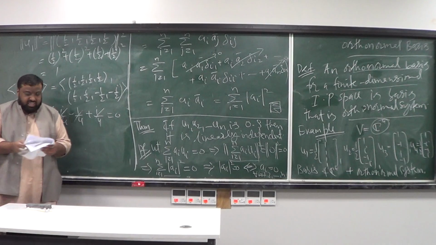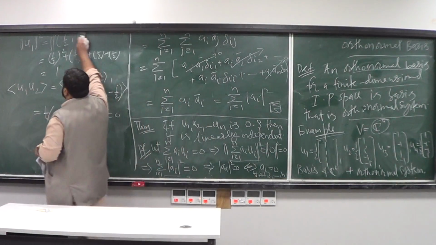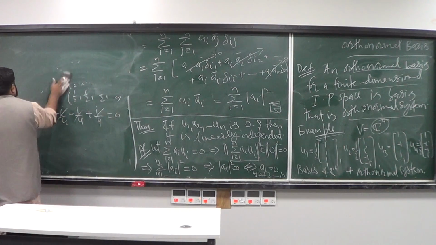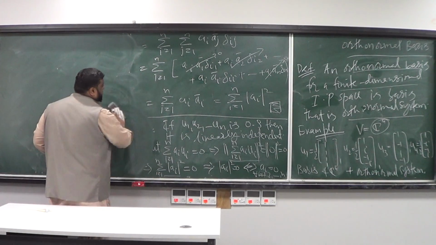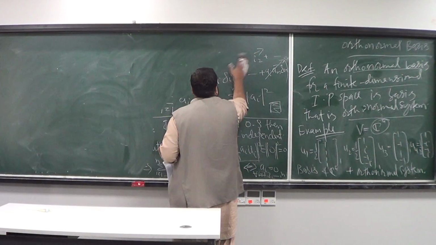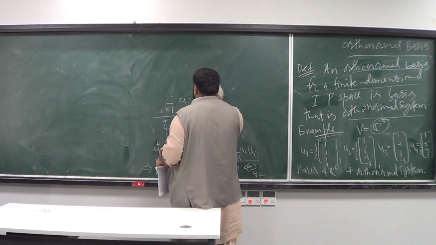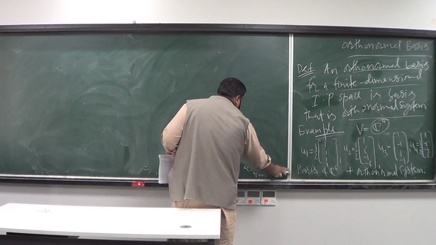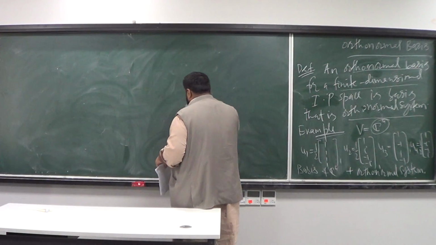What are some of the immediate properties of an orthonormal basis? So I would like to quickly write and prove a theorem about some of the basic properties of orthonormal systems. As I said, you will appreciate orthonormal bases or orthonormal systems in a given inner product space when you are doing physics or some applications, because it makes your calculation a hell of a lot easier.